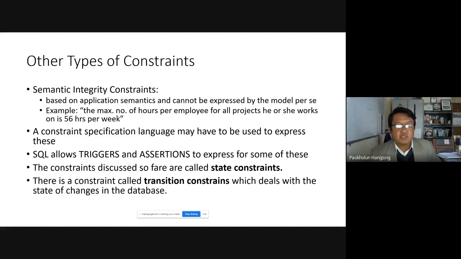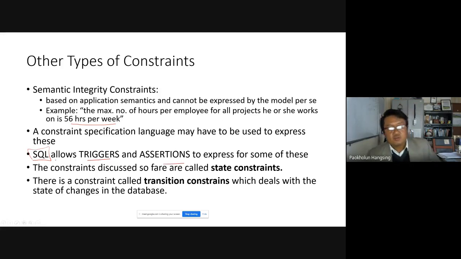For example, the maximum number of hours an employee works per week is, say, 56 hours. This kind of thing cannot be specified in the model itself. In such cases, a constraint specification language may be used to express this. For this type of thing, SQL allows triggers and assertions to express some of this.